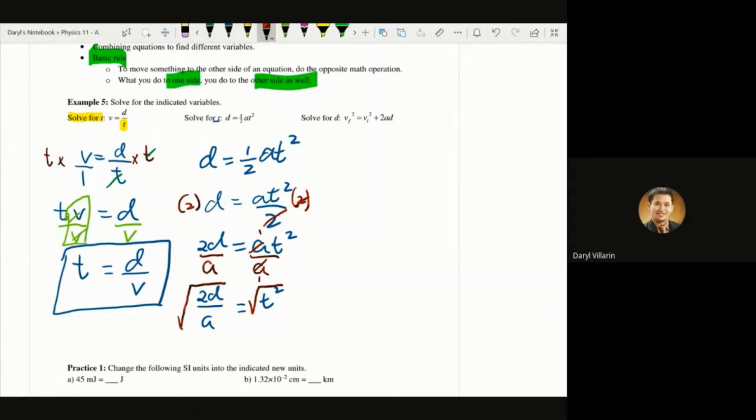So now I can have t is equal to the square root of 2d over a. Again, it doesn't matter if it is on the right-hand side or the left-hand side, as long as it is on one side of the equation.